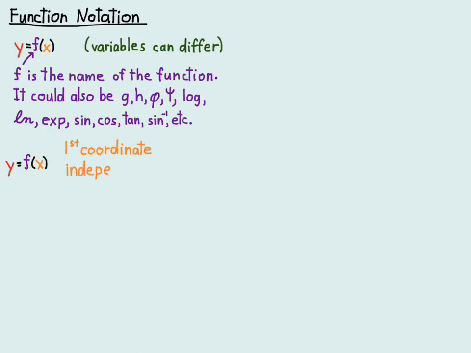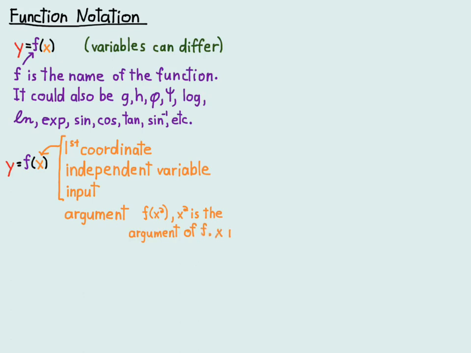X here is called the first coordinate, or the independent variable, or the input. It's especially called the input when it takes on a specific value, like 5. It's also called the argument of f. And so argument is a little different than input.